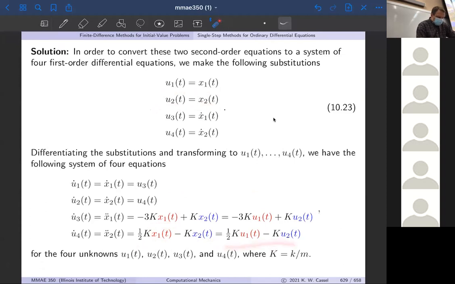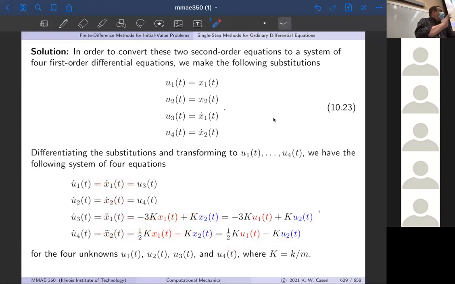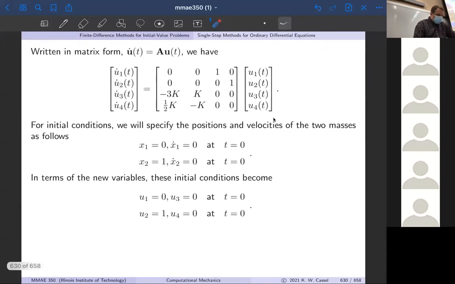So then I cross this all out. And now I have, again, 4 equations for my 4 unknowns, U1, U2, U3, U4. 4 first order initial value problems for my 4 dependent variables. So now I have it in the framework that I need. I can solve it using any one of these 3 methods, and we're good to go.